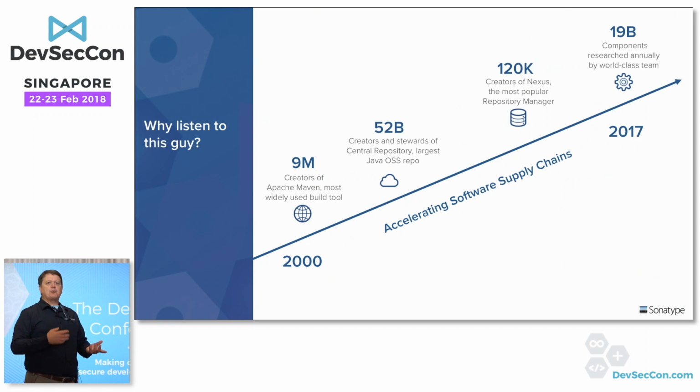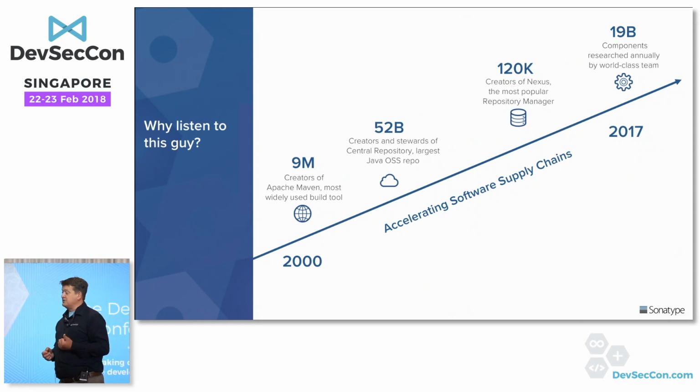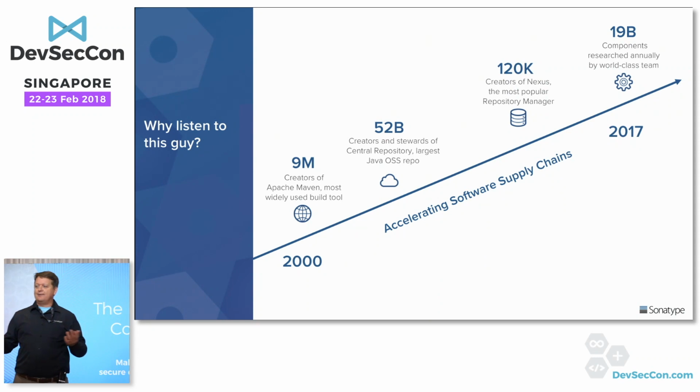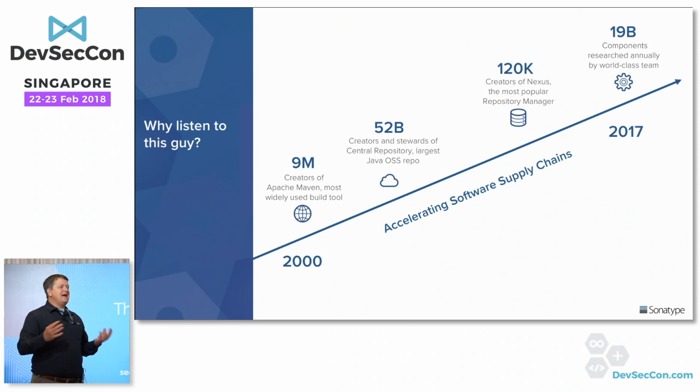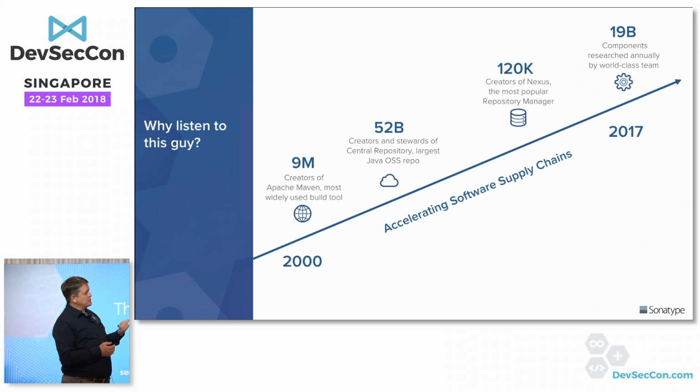We at Sonatype run the largest Java component store in the world. It's called Maven Central. Last year, we served 52 billion libraries to Java developers globally. There are 9 million active developers working on Maven projects. A massive amount of data has been put in there, and a lot of libraries are being used all the time. 120,000 is the number of customers we have at Sonatype.